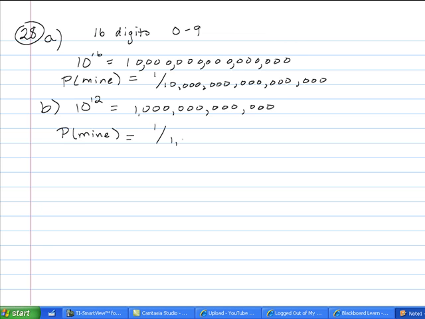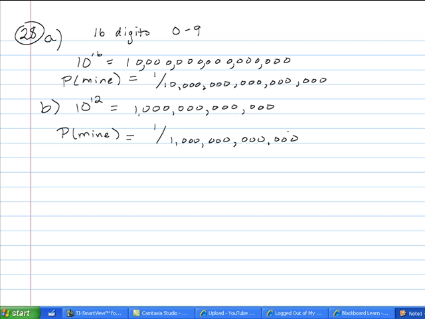Okay. C, Discover cards begin with the digits 6011. If you also know the last 4 digits of the Discover card, what is the probability of randomly generating the other ones? So we've removed 4 more, so that's going to be 10 to the 8th.